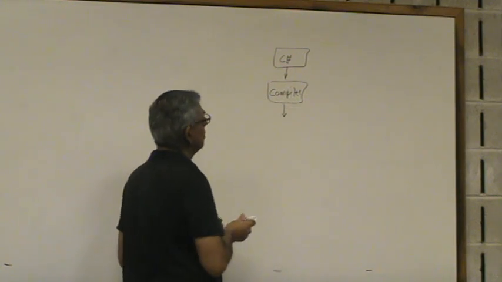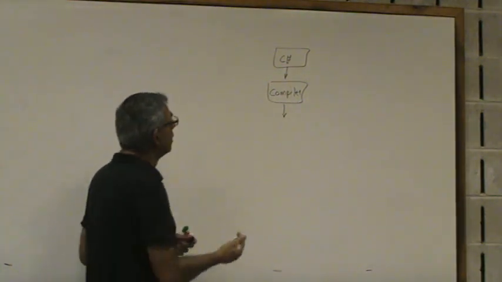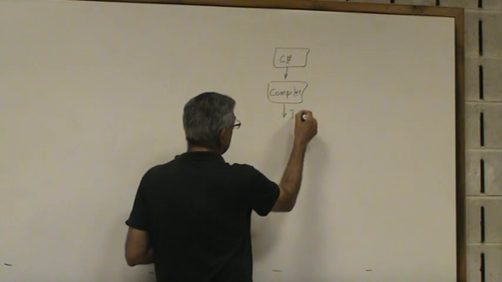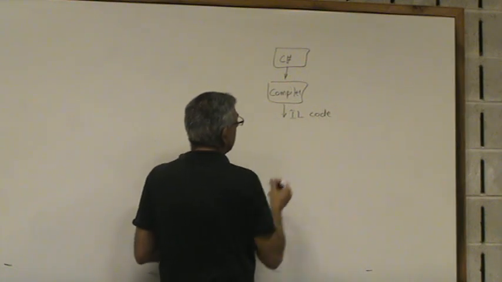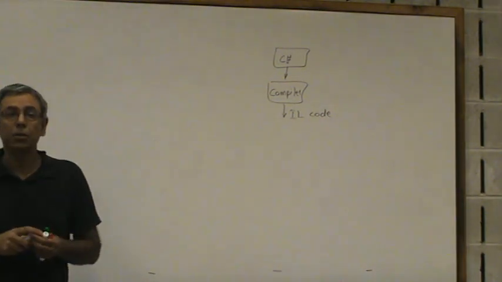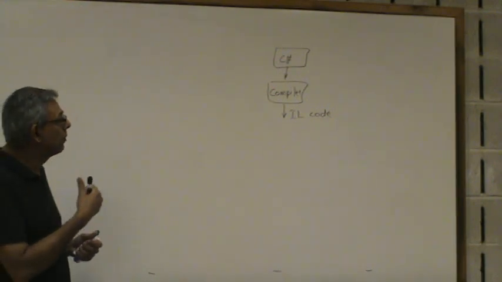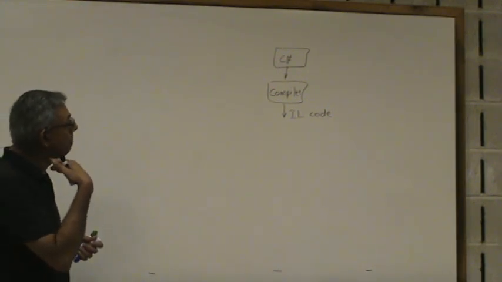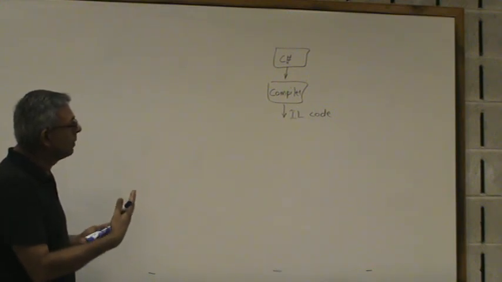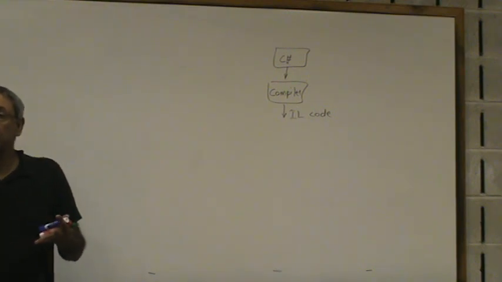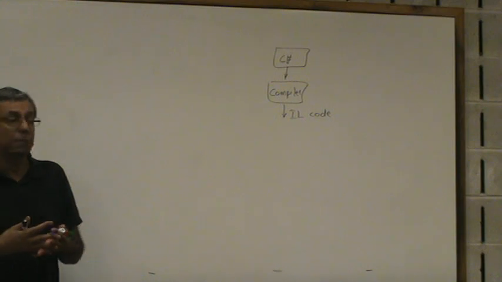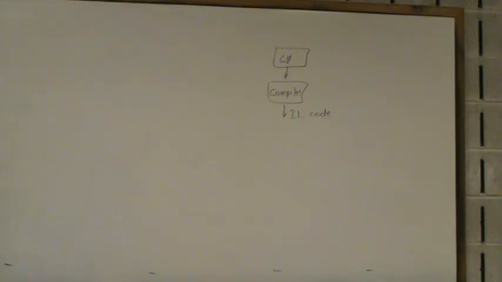Does it produce the machine code? No, it produces what we call the IL code. The reason they do it is very similar to Java, just like Java produces a bytecode, so that we have a portable system, meaning so that our code can run on any operating system without having to recompile it, right?